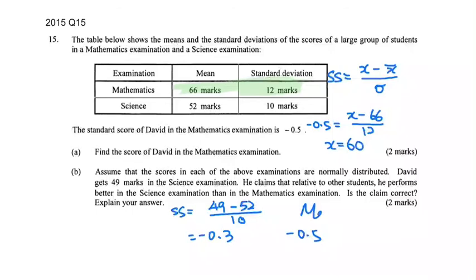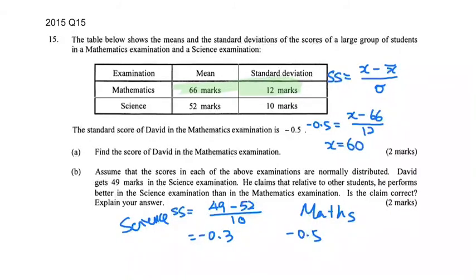This is maths and this is science. So which one do you think is better? If 0 is in the middle, then the more you're on the left, the more negative you are, the worse you are compared to the whole class. But if your standard score is positive and bigger, that means you're performing much better than the others.